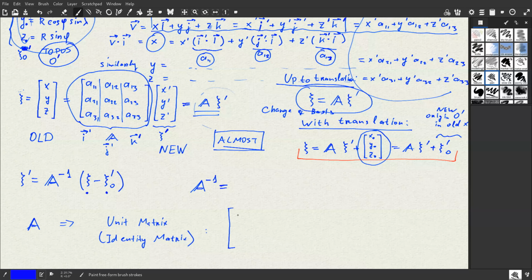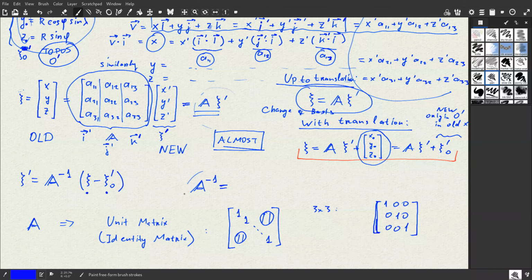This is a matrix which has ones on the main diagonal and zeros everywhere else. So in a 3 by 3 case, it is very simple. It is just 1 0 0, 0 1 0, 0 0 1. Okay?